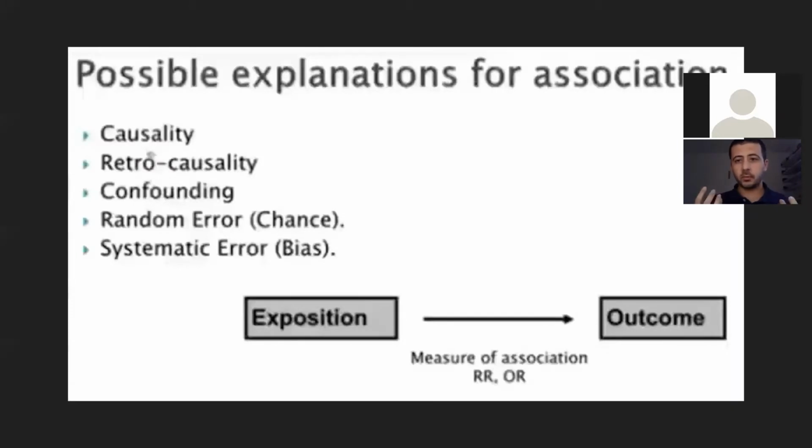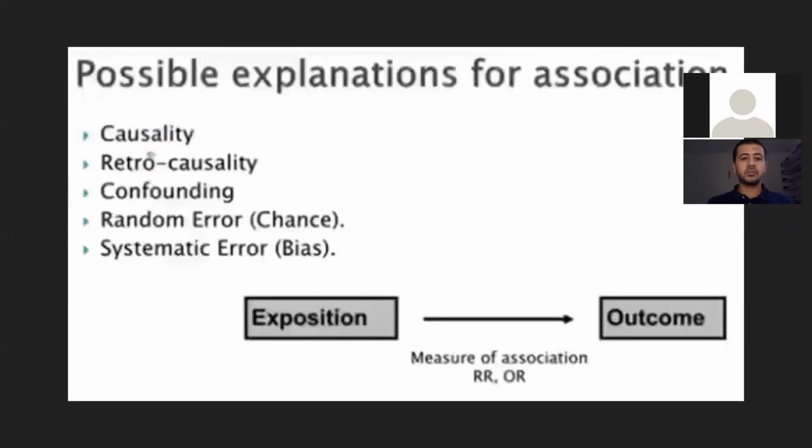So the first thing we think about is causality, if we know that one of those two happens before. But to prove causality, we will need a lot of work and a lot of time, a lot of studies, and we need studies from different levels in the pyramid to prove this causality.